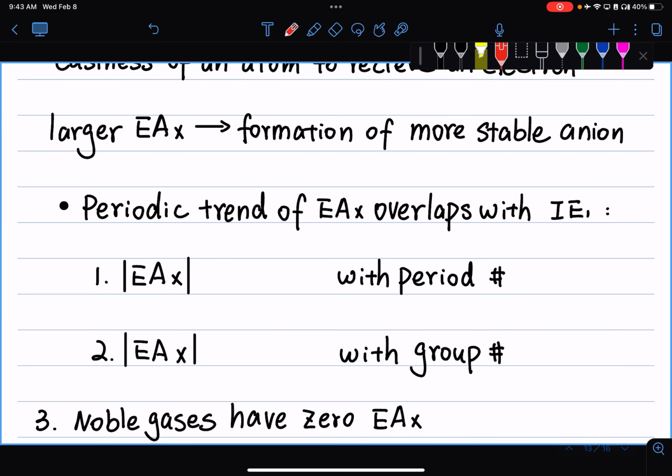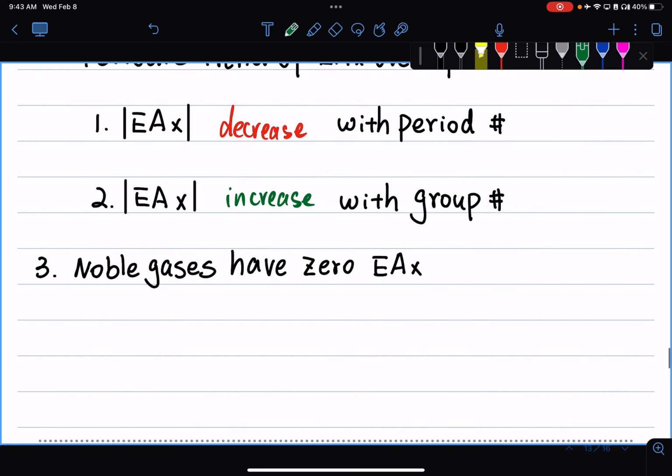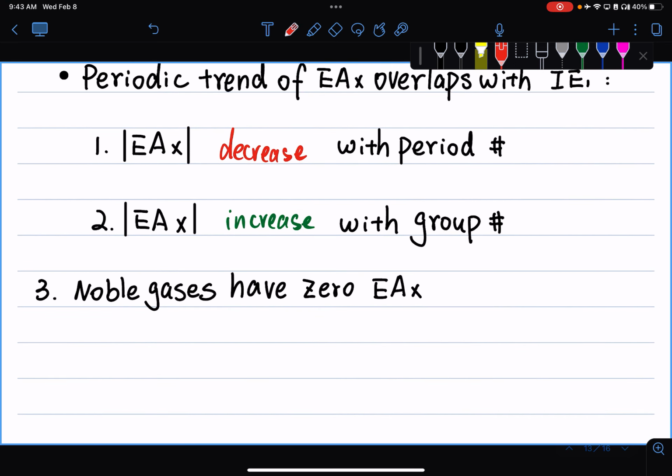So naturally, the periodic trend of electron affinity actually overlaps with ionization energy. So here we have the electron affinity decrease with the period number and then increase with group number. And when we say decrease and increase, what we're having is a more negative electron affinity number.